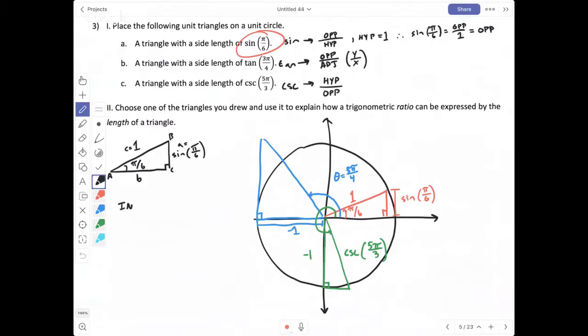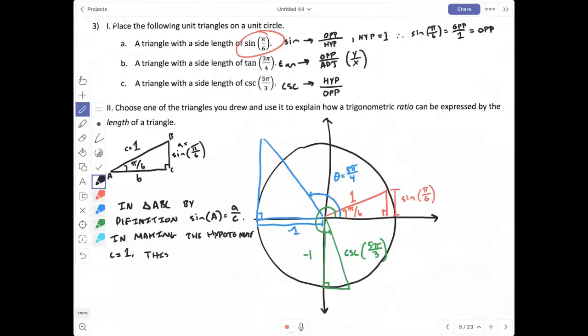So in triangle ABC, by definition, sine of A equals the opposite side A over the hypotenuse C. In making the hypotenuse C equal to 1, this becomes sine of A equals A over 1. So A, side A, is the sine of A.